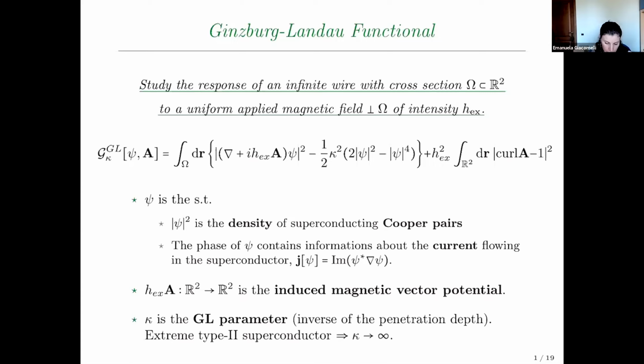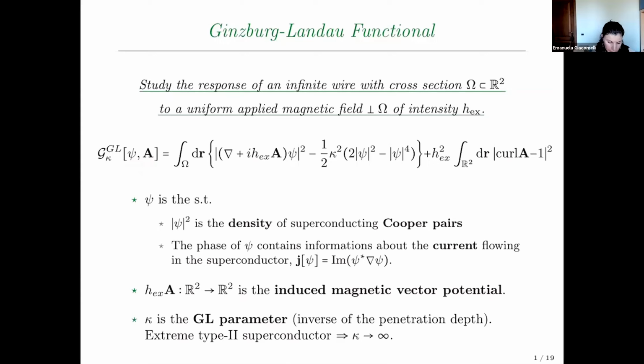The equilibrium state of this system is given by the minimizer of this energy functional, which is called the Ginzburg-Landau functional, and this is a functional which depends on a parameter kappa, about which I will comment later, and on two quantities, which are psi, an order parameter, and a vector potential.